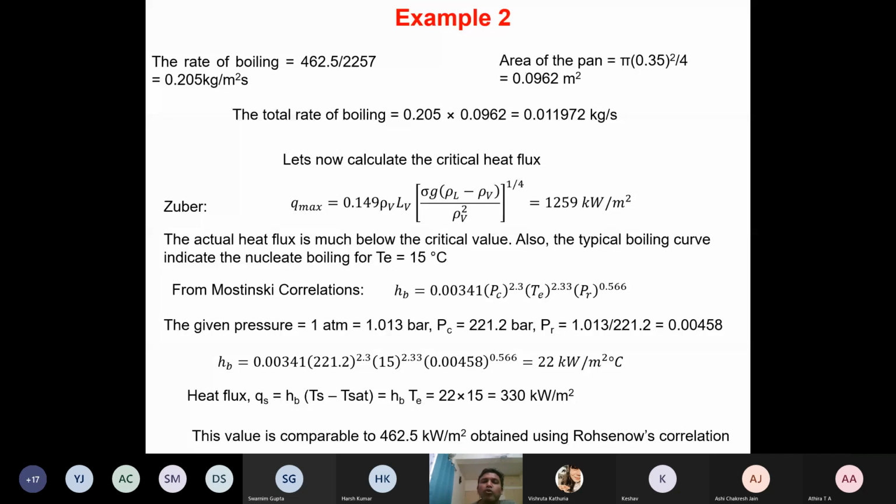So this word you have to remember when we are saying rate of boiling. Rate of boiling is nothing but the amount of water that is boiling per hour or per second. So that is what we are calculating here. 0.01192 kg per second.